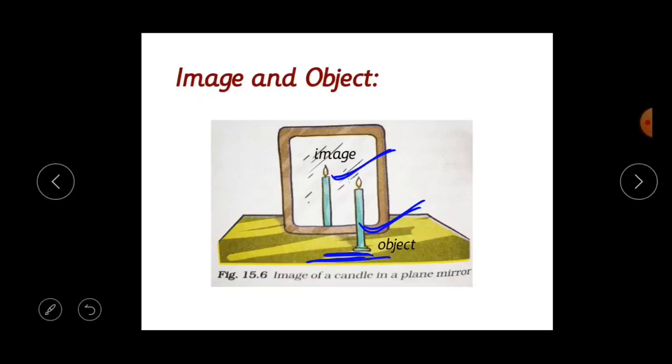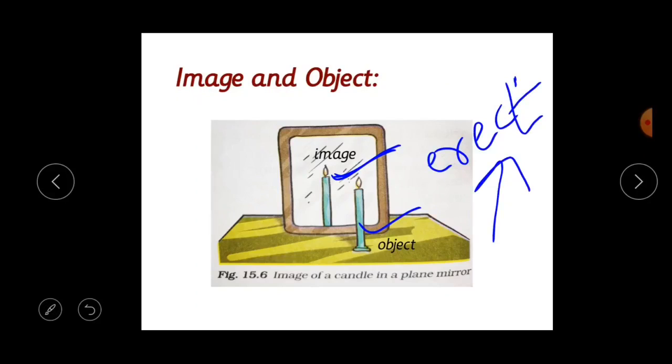Okay, now observe it. Here you can see that the image formed by a plane mirror is erect. Erect, E-R-E-C-T, is nothing but upright, isn't it?